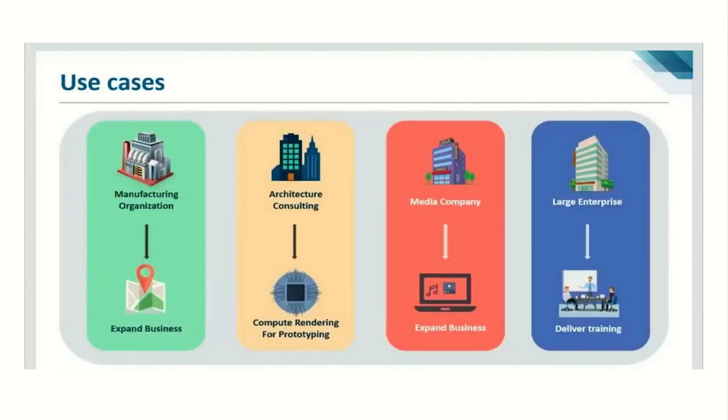So this is where AWS steps in and takes care of all the IT infrastructure and management. That means businesses are free to focus on manufacturing, and they can actually go ahead and expand a lot.